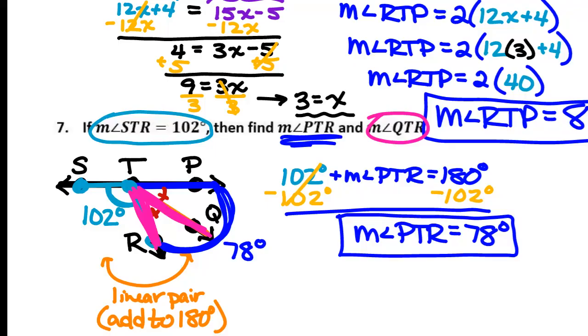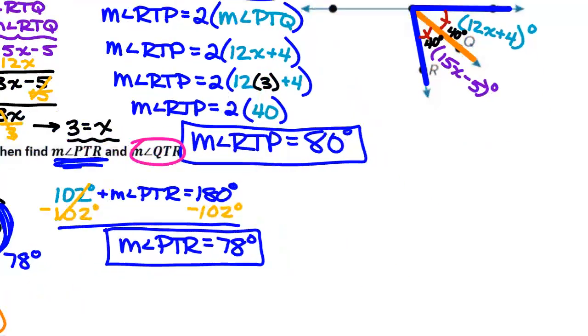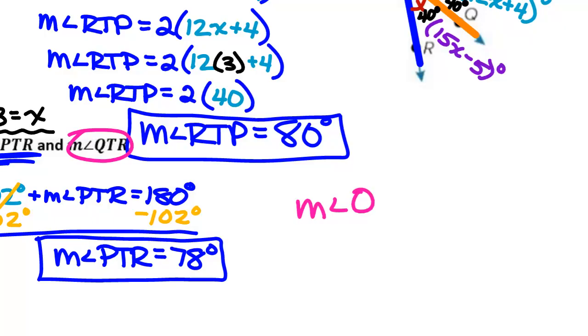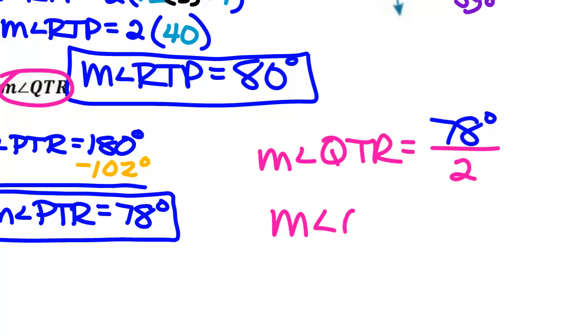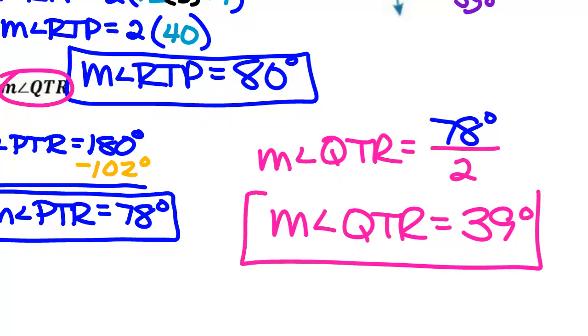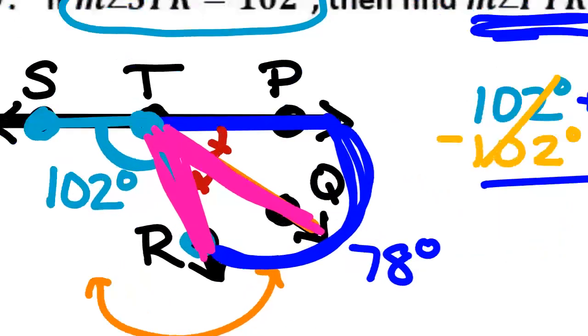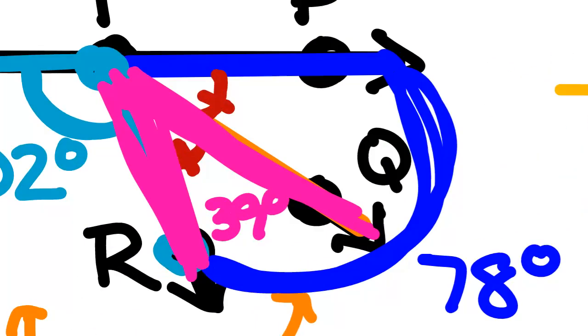So if I know that when I put two things together, I get 78, what can I do so that I can figure out how big each one is if they have to be the same size as each other? Divide by 2. Yes. The measure of angle QTR is equal to 78 degrees divided by 2. And you said that's how big? 39. So the measurement of angle QTR is 39 degrees.